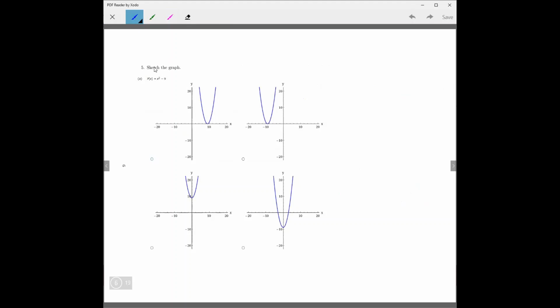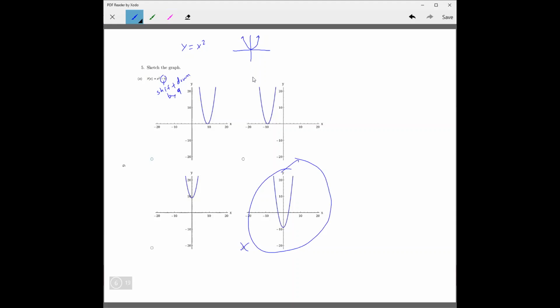Okay, number 5, sketch the graph. x squared minus 9. We know that the graph of y equals x squared is right here, like that. This minus 9 means it's a shift down by 9, because remember, that's on the outside, so it should shift down by 9. So that would be this one right here.